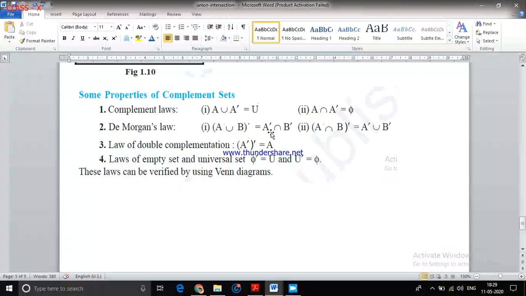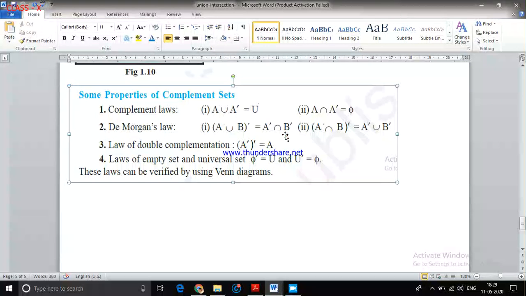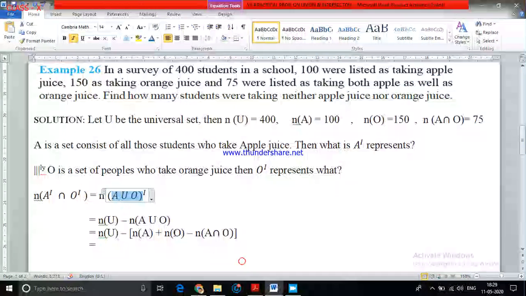A complement intersection B complement is equal to A union B whole complement. This we call De Morgan's law. A union B whole complement is equal to A complement intersection B complement. Now I have the reverse: A complement intersection B complement I have to find, so I can write this as A union B whole complement. So that's what I have written here: A complement intersection O complement will be A union O whole complement.